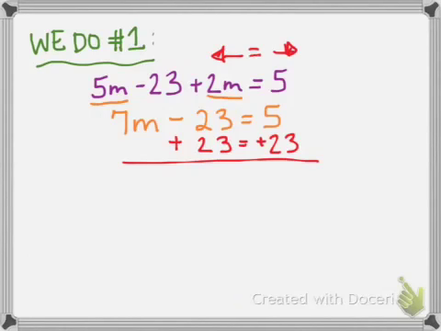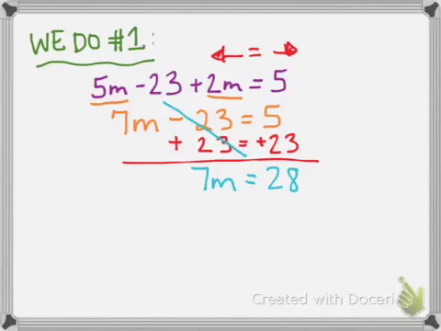So left side and right side. On my left side, this minus 23 plus 23 equals 0, so it cancels out, and I'm just left with this 7m. So I'll bring down my 7m, bring down my equal sign, and I know that 5 plus 23 is 28. So now I'm left with 7m equals 28.